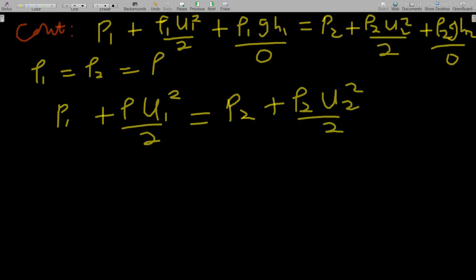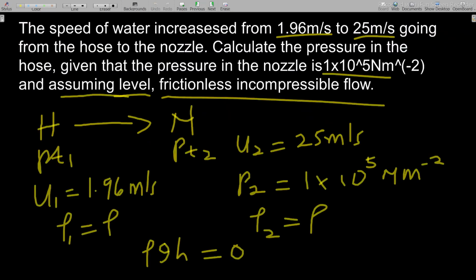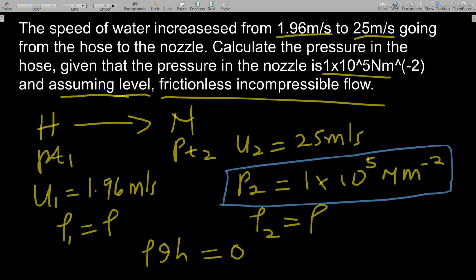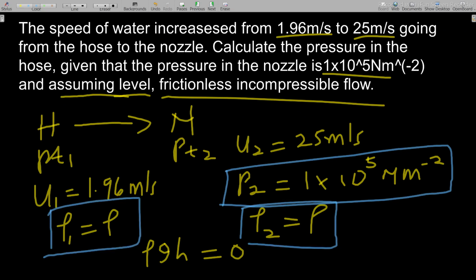Now we don't know P1. P1 is what we want to find. We didn't write anything for P1, but we have something for P2, which is given, let me circle that. Then ρ2 is equal to ρ, ρ1 is equal to ρ, and the pressure due to height is also 0. We know U1 given here, U2 given here.